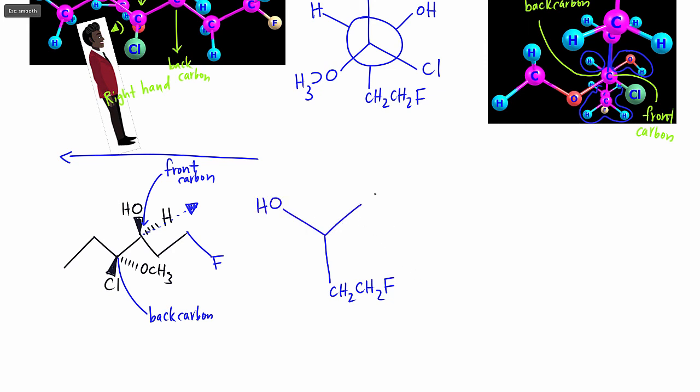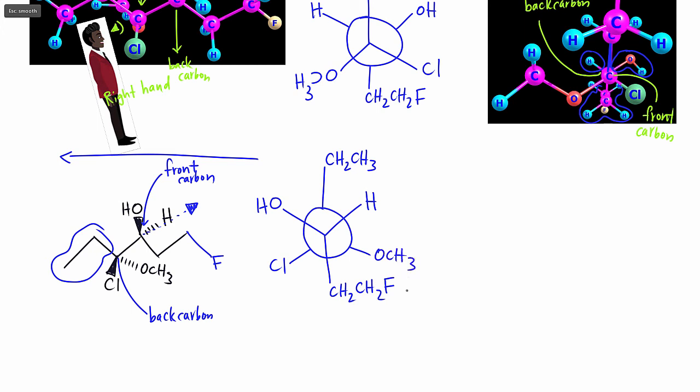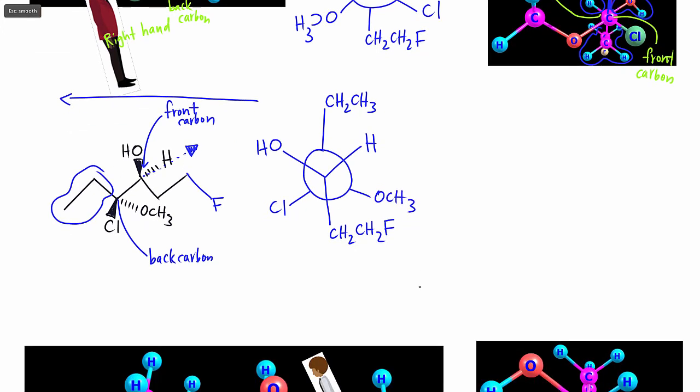What's going into the plane on the dash is going to be H. On the back carbon, let me look at this and see what I have. I have a CH2, CH3 going up, CH2, CH3, which is this thing here. That's going up, okay? What's coming out of the plane right here is going to be Cl. And what's going into the plane here is going to be OCH3. Okay? That is that Newman projection.